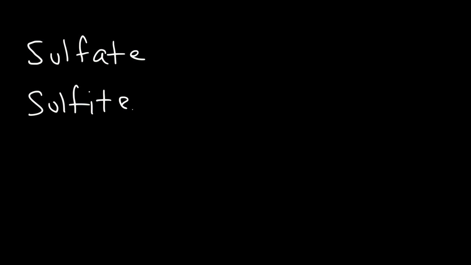Now let's go ahead and review some of the polyatomic ions that we went over. You can take this as a quiz. So I'm going to give you the name and I want you to write the formula of the polyatomic ion. So let's start with sulfate. What is the polyatomic ion that corresponds to sulfate, sulfite, and sulfide?